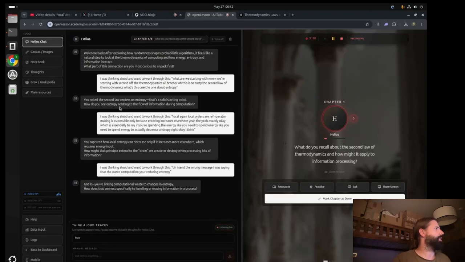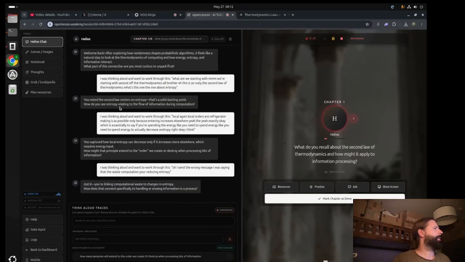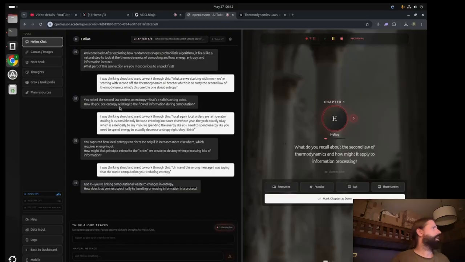How might that principle extend to the order we create or destroy when processing bits of information? I mean, erasing information is interesting because you're not truly ever erasing information in a computational process, right?